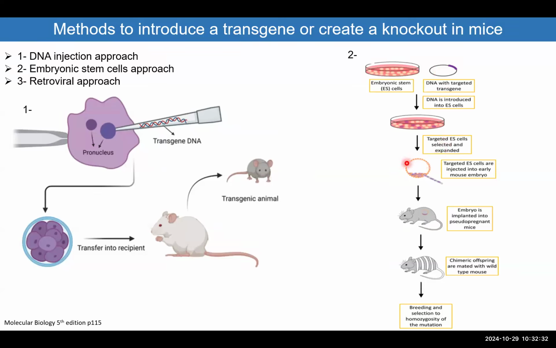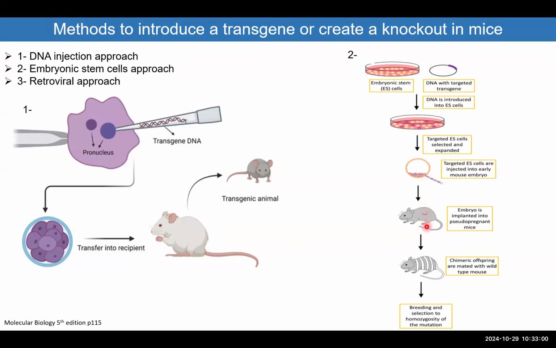Obviously, you are introducing these back into an embryo at the blastocyst stage because you need that space in order to insert these embryonic stem cells. Those stem cells will get recruited to the embryo, and therefore, not all of the embryo will contain the embryonic stem cells. We will discuss why.